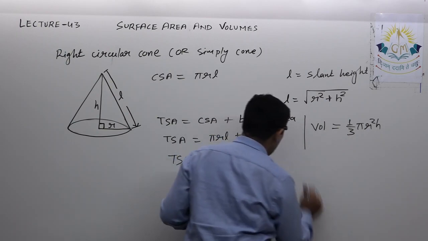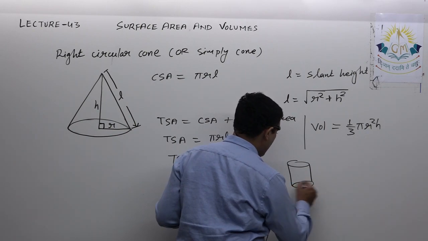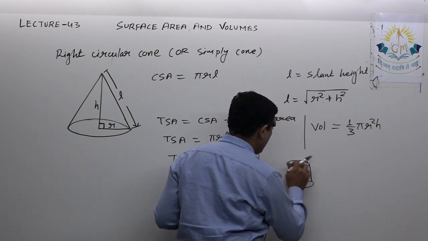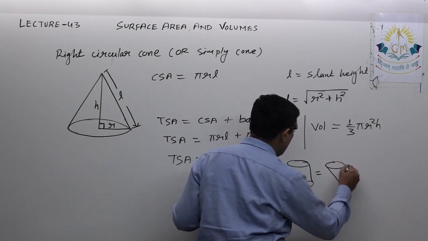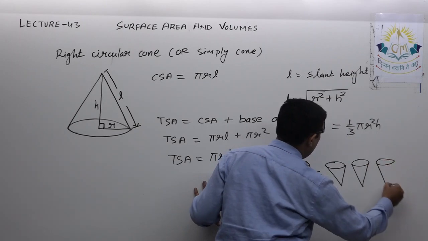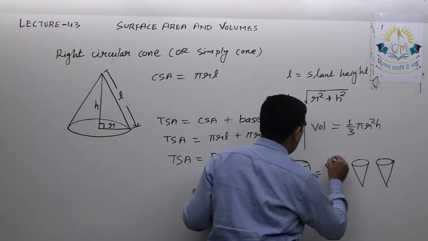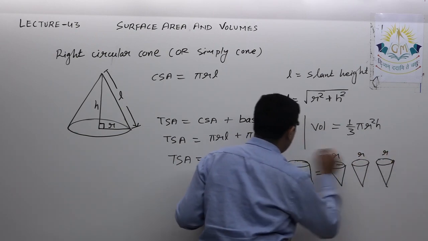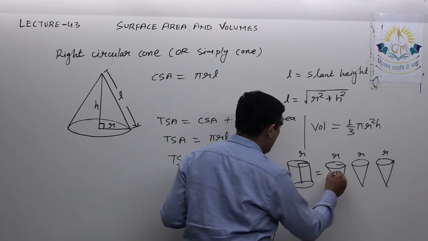That means if I have a cylinder with radius r and height h, then its volume will be equal to 3 cones having the same radius and height.